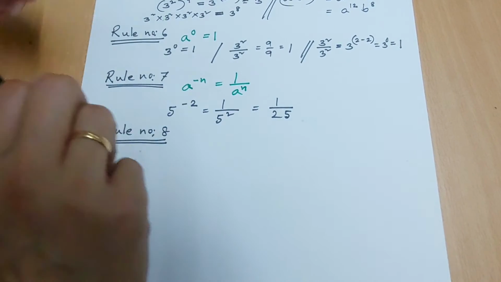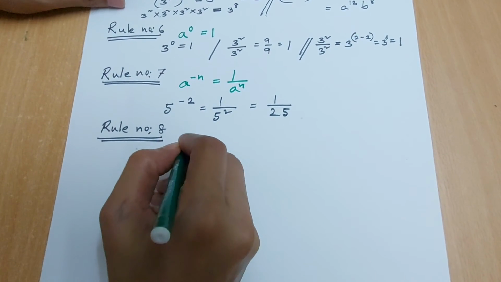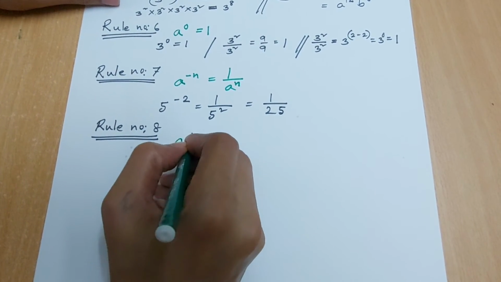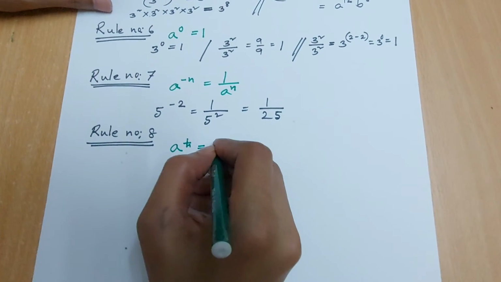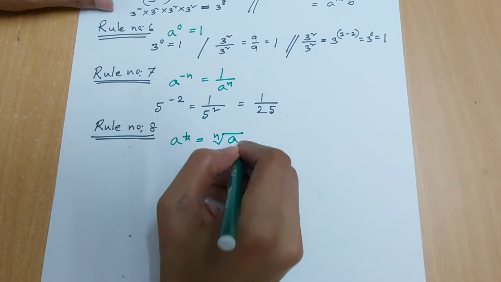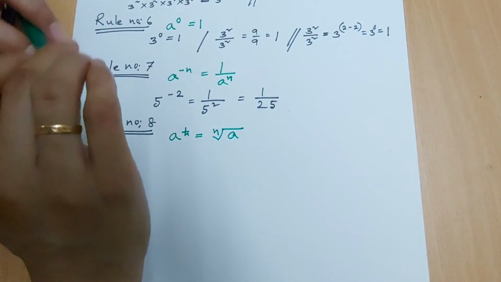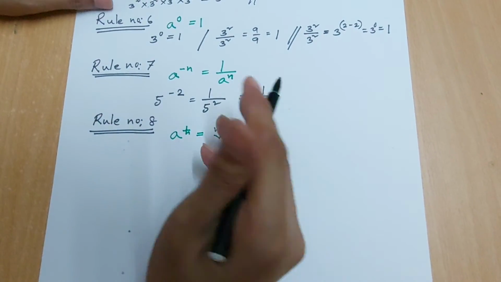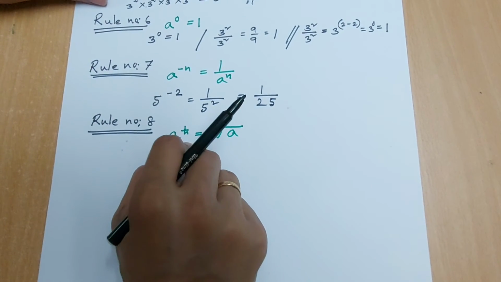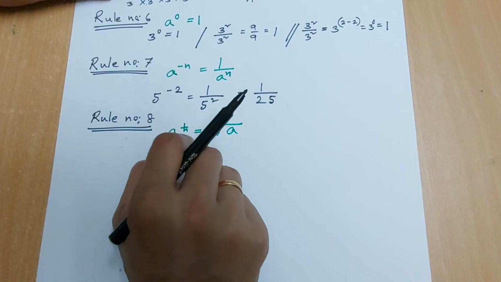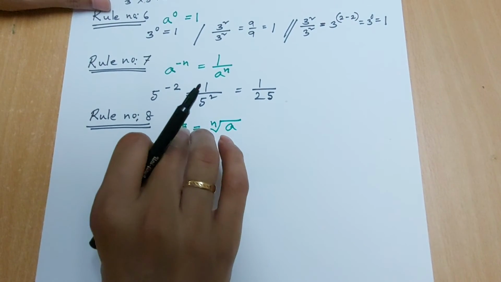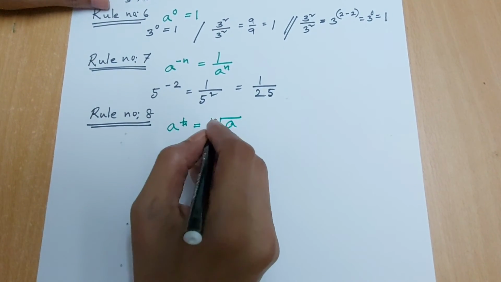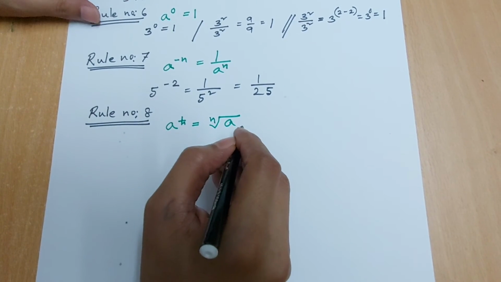Here is rule number 8. Rule number 8 is a power 1 by n equal to nth root of a. That means if the base has an index, and that is a fraction, then the denominator of the fraction will make the root of that base.